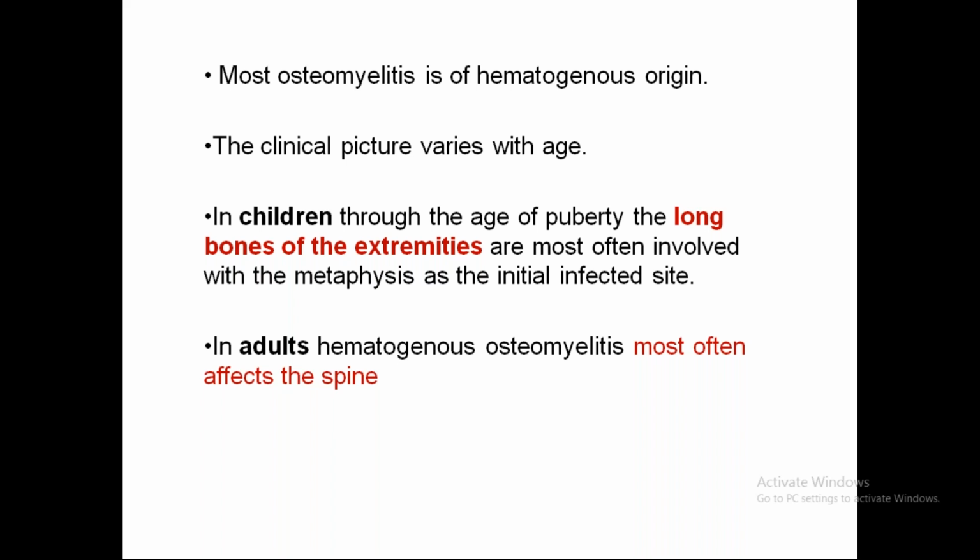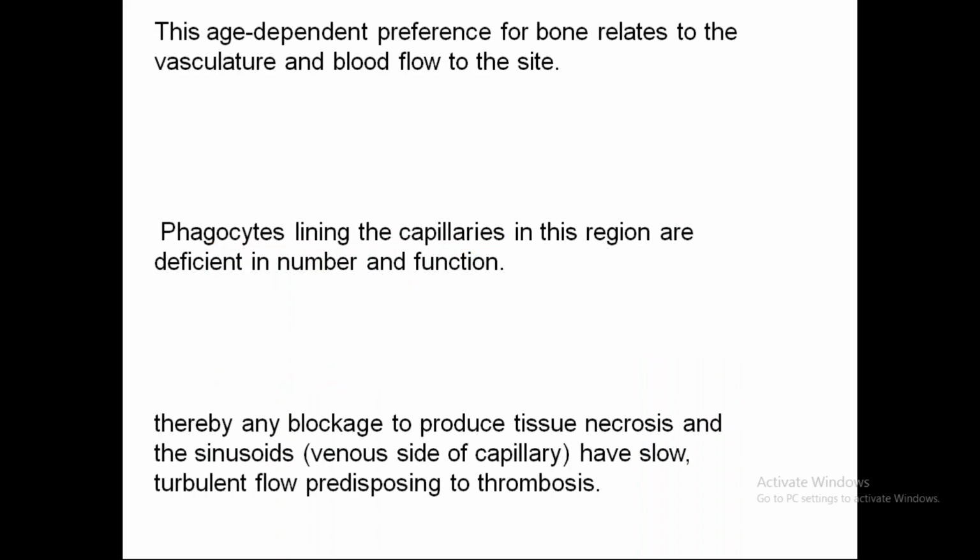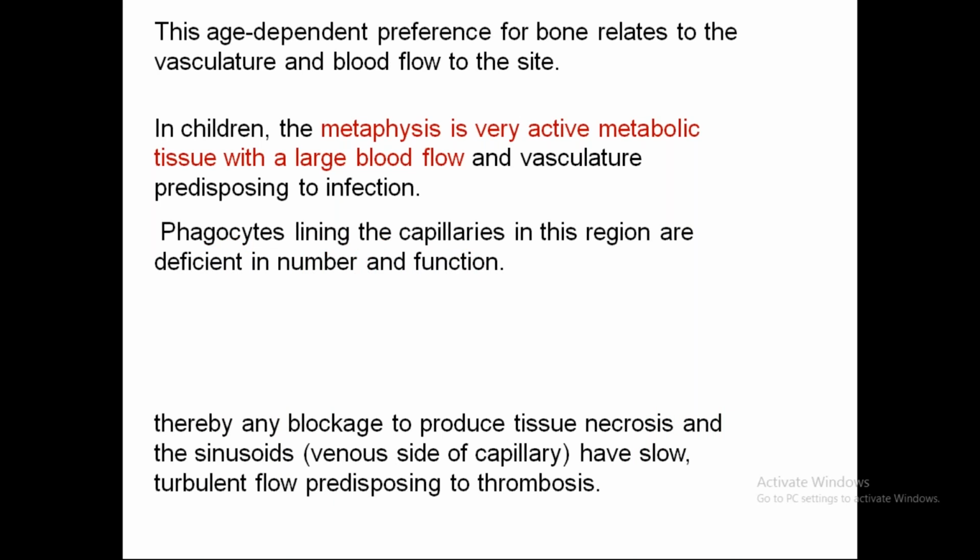In adults, hematogenous osteomyelitis most often affects the spine. There is an age-dependent preference for bone because of increased vascularity. In children, the metaphysis, that is what we have already discussed. The metaphysis is a very active metabolic tissue with large blood flow and vasculature, which predisposes it to infection also.